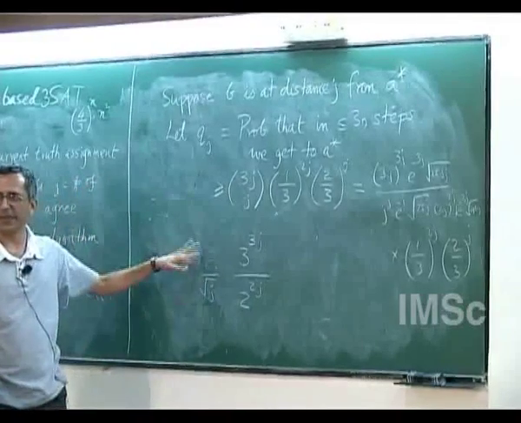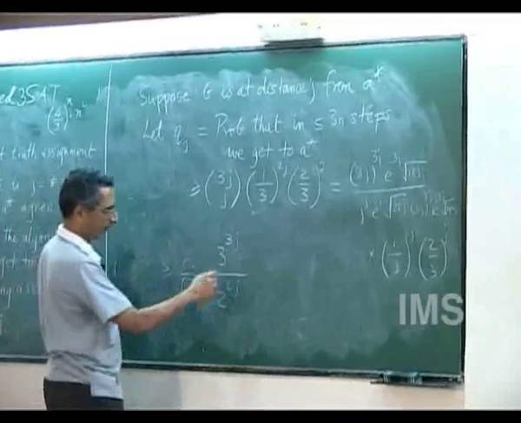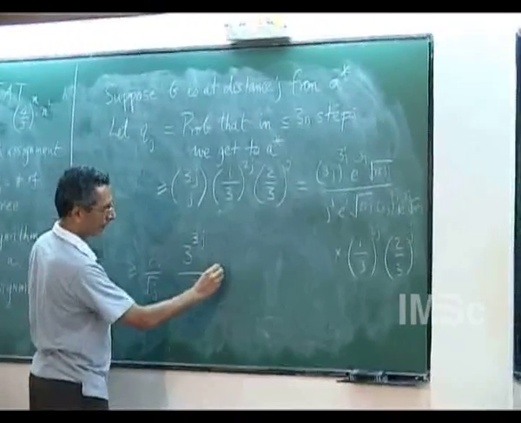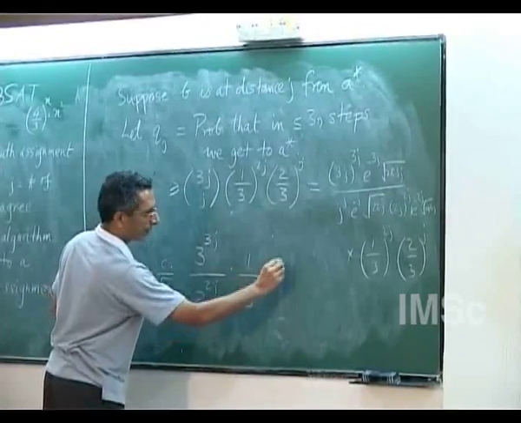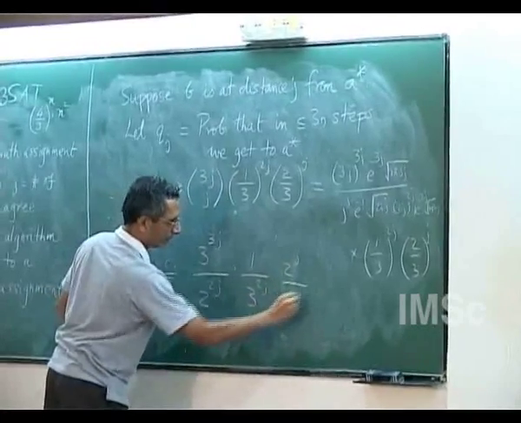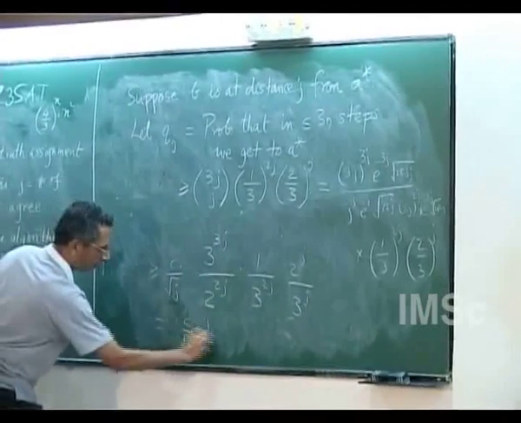That constant, the pi and all, let's absorb into some constant. Say this is greater than or equal to (1/3)^(2j) 2^j 3^j. So this is just c by square root j times 1 by 2^j.